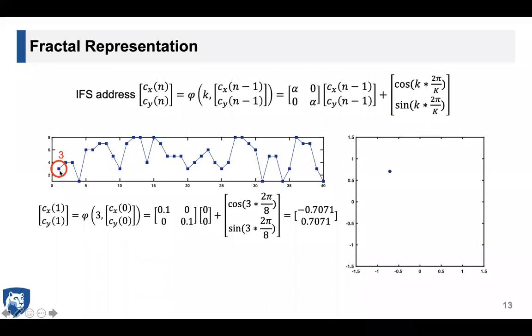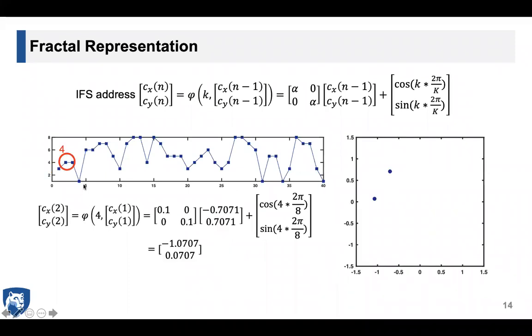For example, if our first data falls into state 3, then when we calculate the IFS address based on the formula shown here, we get the corresponding IFS address equal to around negative 0.7 and positive 0.7. So this point is around here, and then we put this point on the plot that we have.